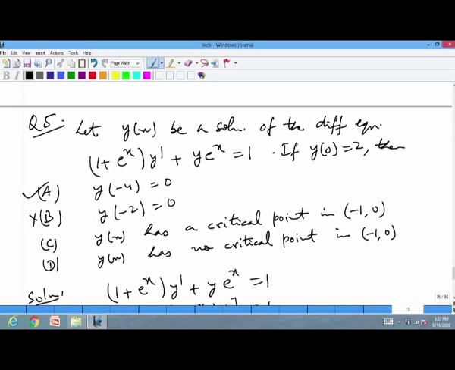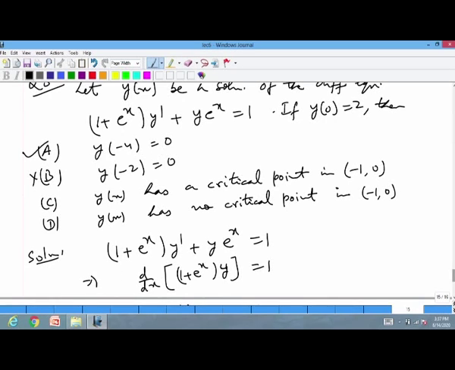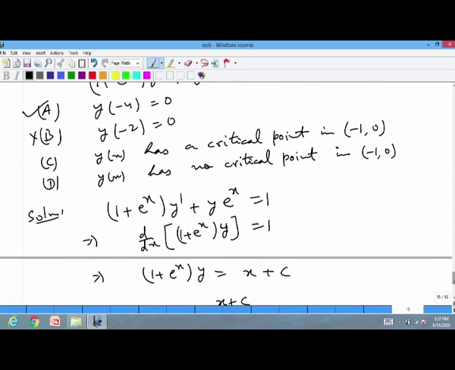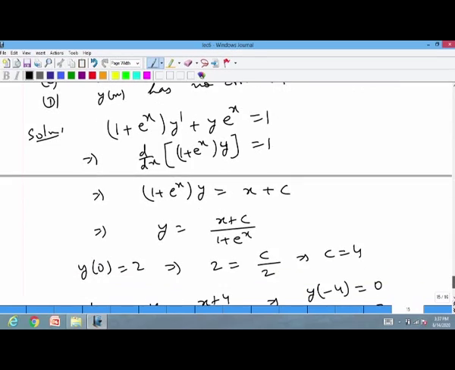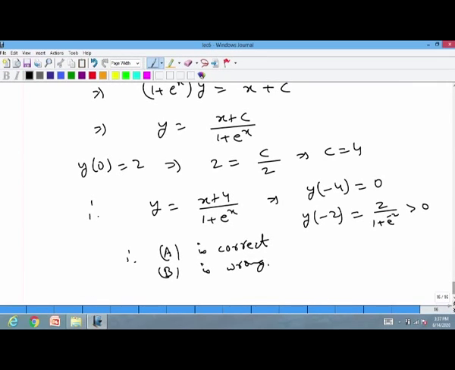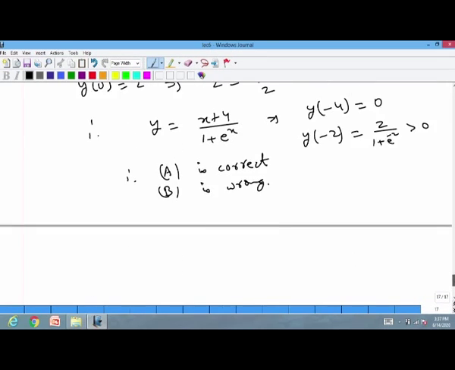Now, C and D are asking whether y(x) has any critical point in the interval (-1, 0). Remember that a critical point is a point where the derivative of the function is 0. So y(x) = (x + 4) / (1 + e^x).